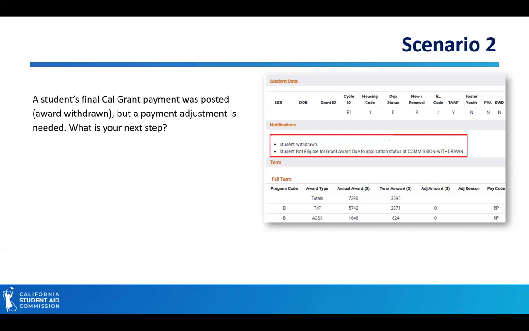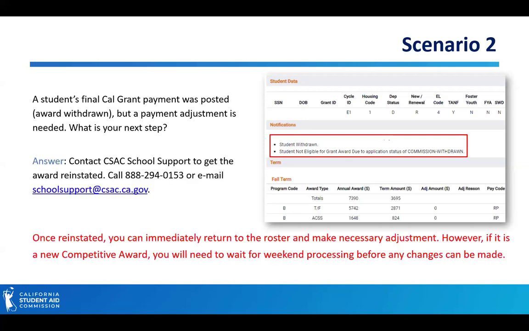Now, we didn't talk about this one, so I'm going to go ahead and just say anytime a student's award has been withdrawn, but you need to make an adjustment, please contact our school support team because they'll be able to reinstate the award. And then from there, you can then make the necessary adjustment.